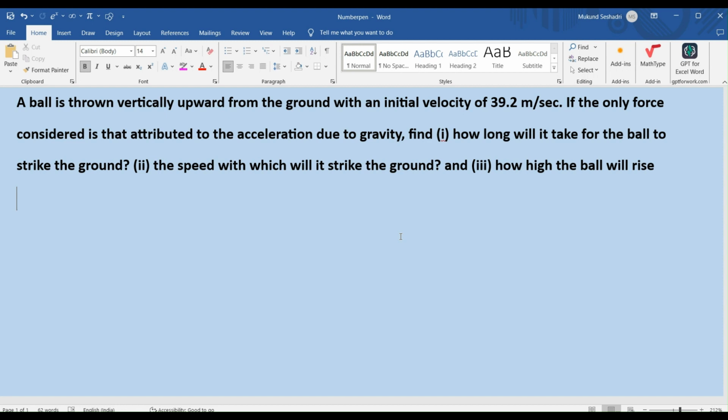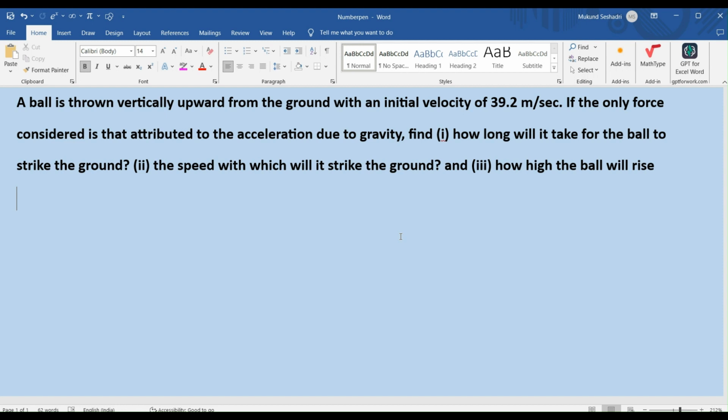So the situation here is I throw up a ball and the ball is thrown with an initial velocity of 39.2 meters per second, right? And what we've been given is as the ball moves up, there is a force that is acting on it, and that force is only the gravitational force, right?